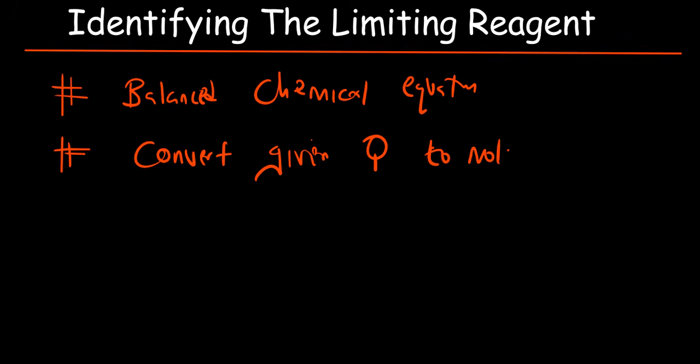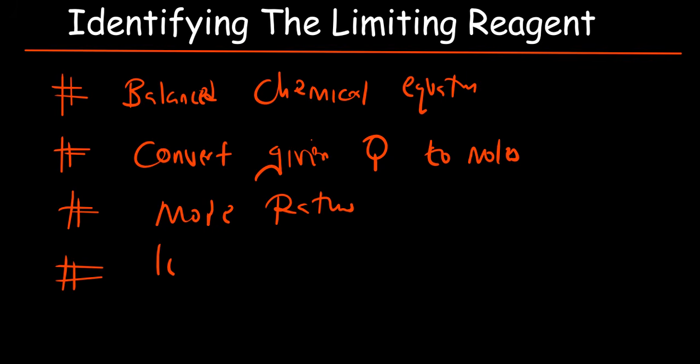Then after that, you are supposed to compare the mole ratios. Then you identify which reactant produces less product. By doing this, you would have managed to identify the limiting reactant.